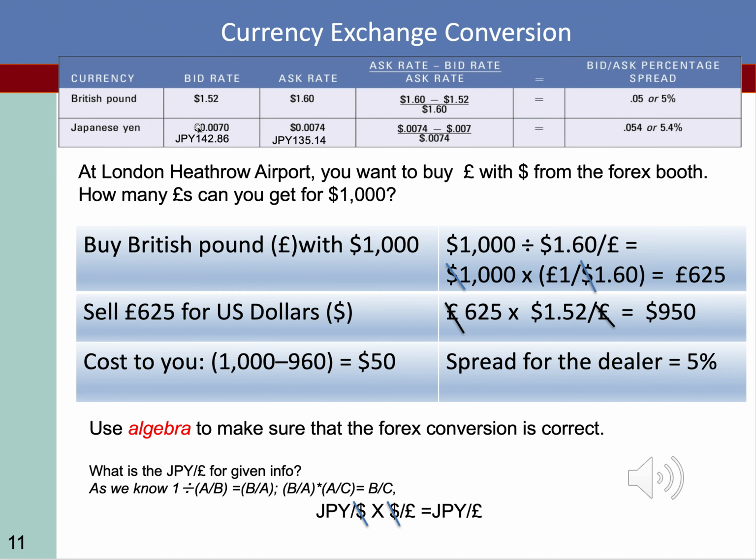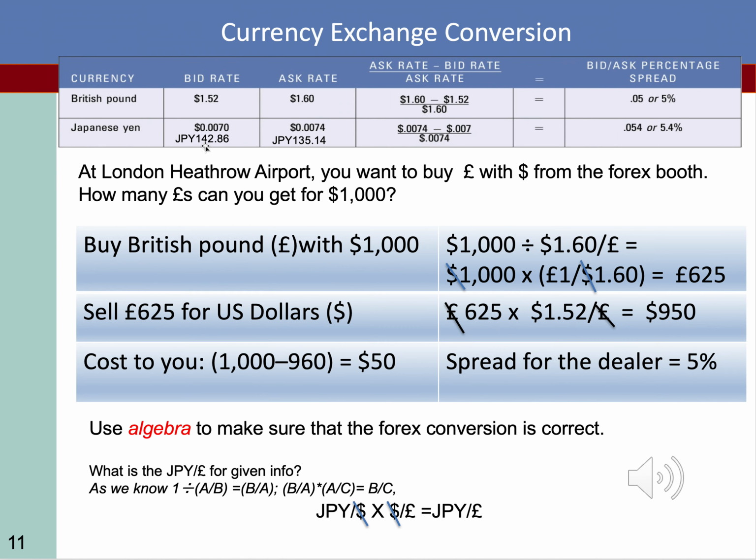If everything is quoted in terms of dollar price, we call that a direct quote. But for many currencies, the majority of currencies, are quoted the opposite. Let's look at the Japanese yen. The asking price is 135 yen per dollar. The bidding price is 142.86 yen per dollar.